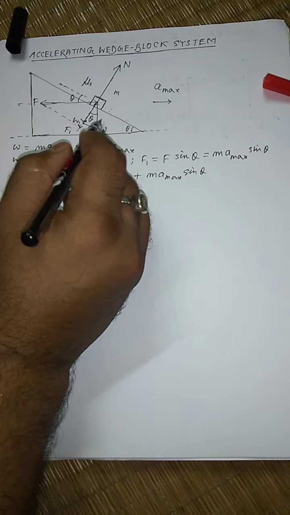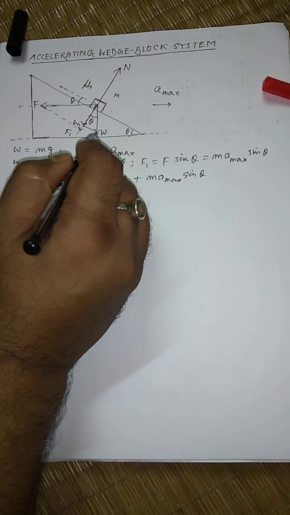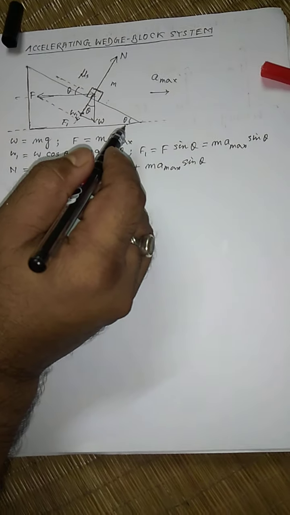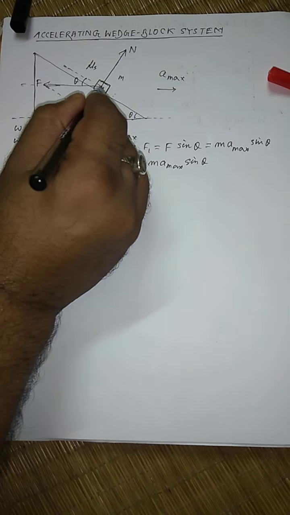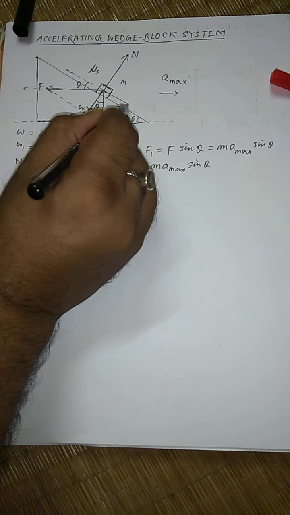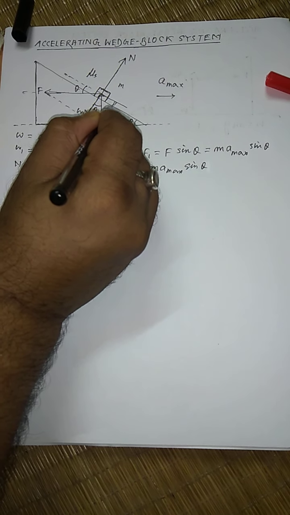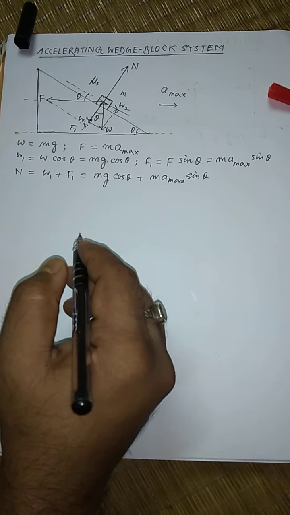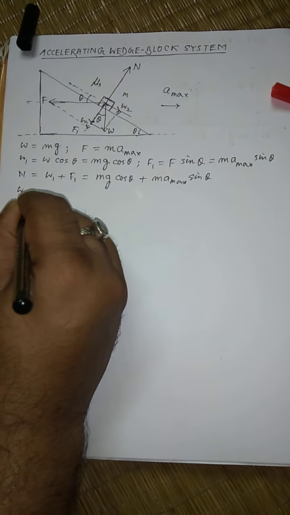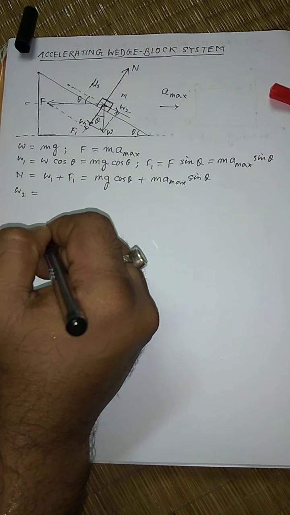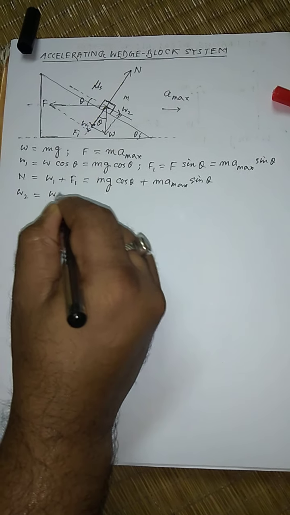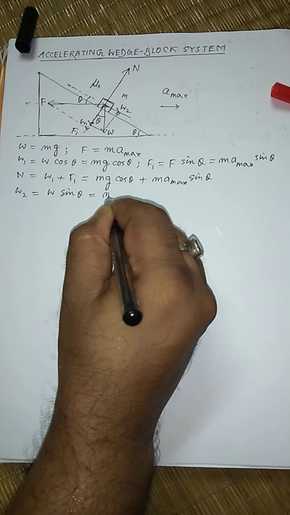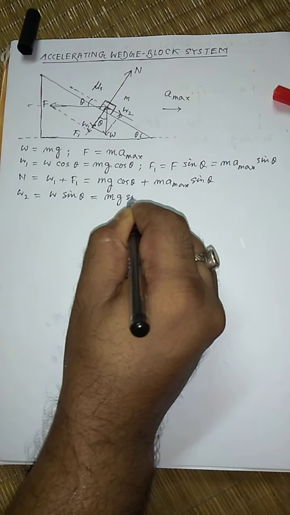The component of the force of gravity in the direction parallel to the inclined surface is given by W2, and W2 is equal to W sin theta, which is equal to mg sin theta.